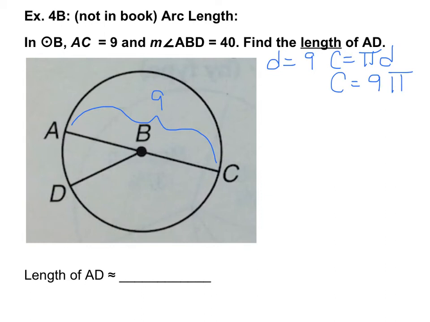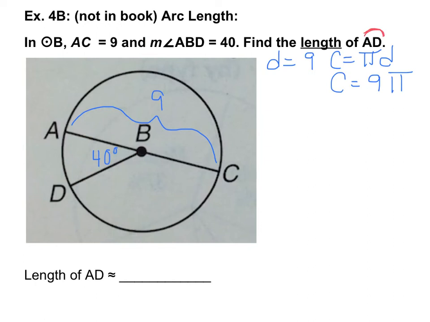So now let's set up our proportion. If we know that the measure of angle ABD, as we do right here, is 40 degrees, that's this angle ABD, so we can put that onto the diagram. Then that tells you if we're finding the length of this little piece of the circle, if we were to straighten it out, arc AD, and again I'll put that arc symbol over the top here.